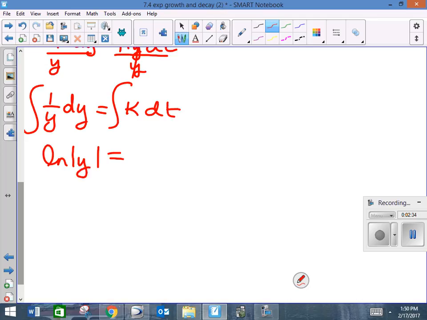And the integral of k, in terms of t, would be kt. All right, we're solving for y. So y equals e to the kt, or would it be k to the kt?